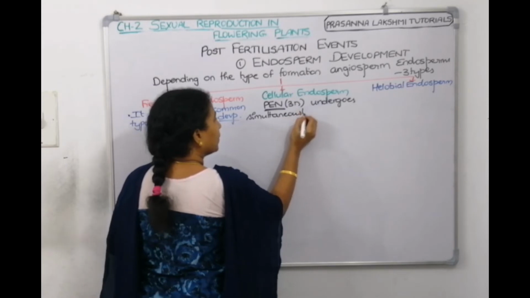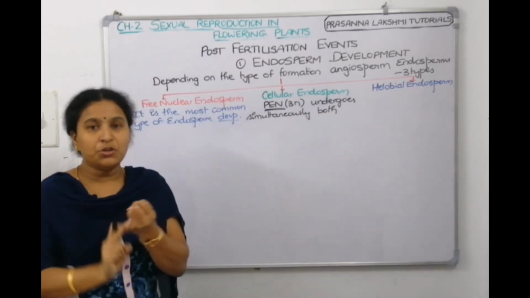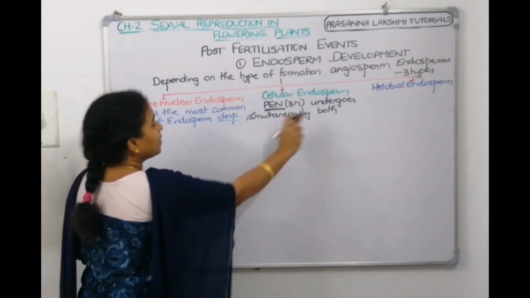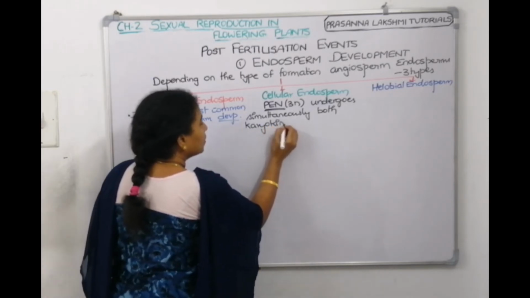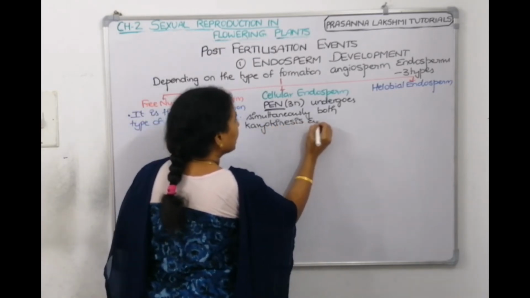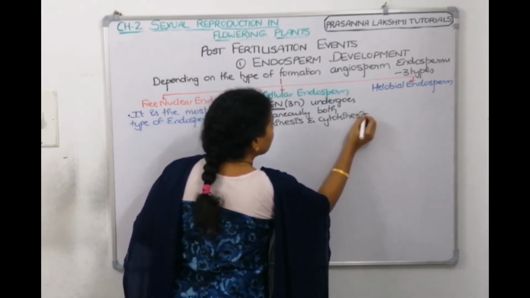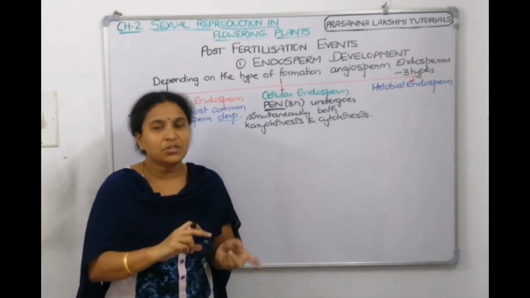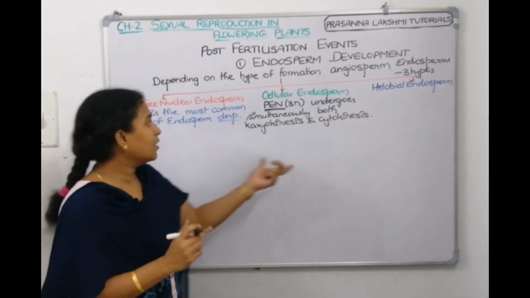Karyokinesis means nuclear division, cytokinesis means cytoplasm division. It is undergoing both karyokinesis and cytokinesis, meaning nuclear division, cellular division also. Then it will completely become a cellular endosperm itself.